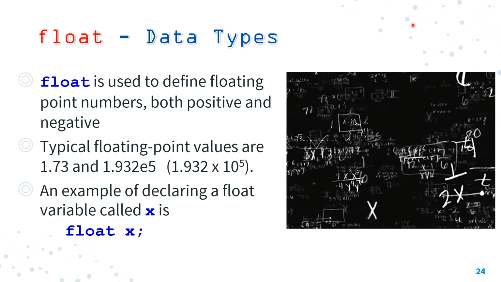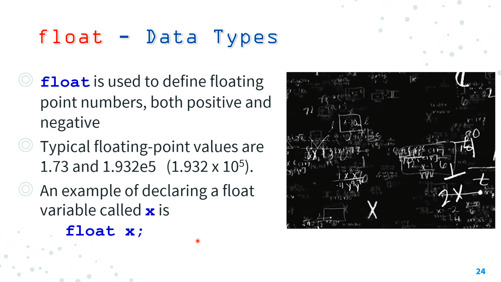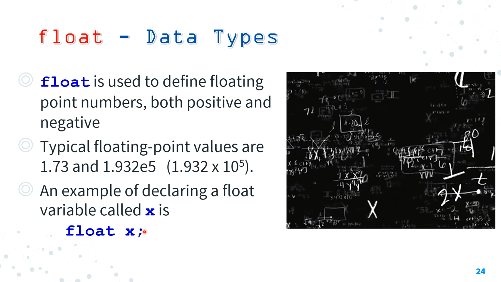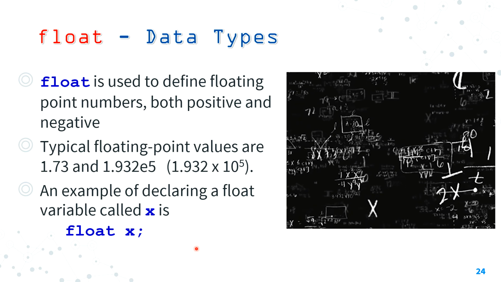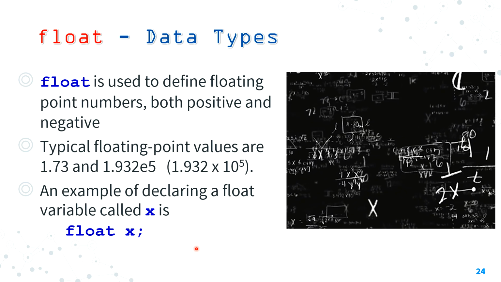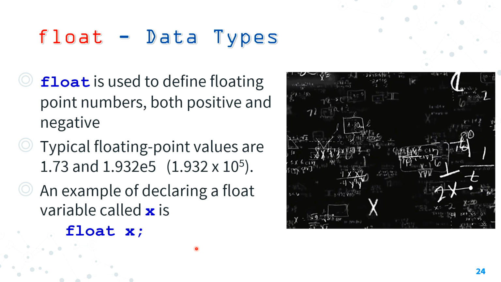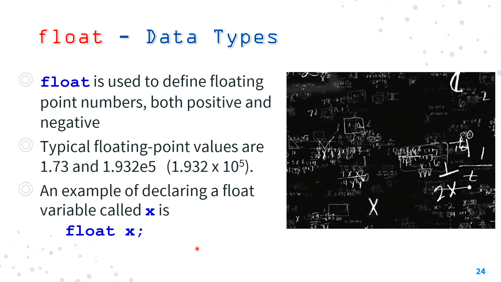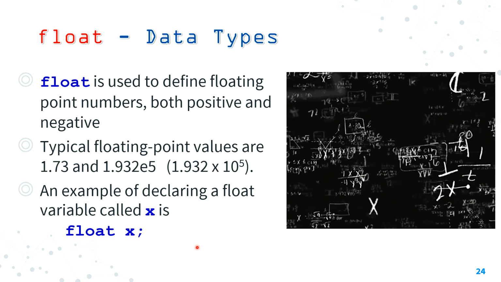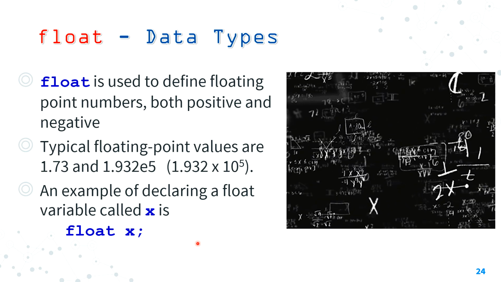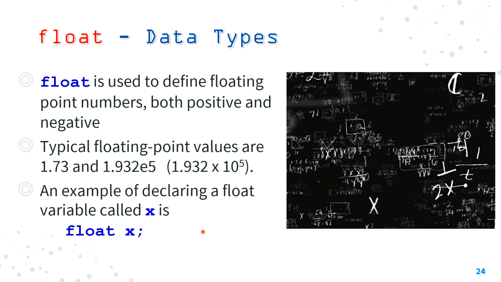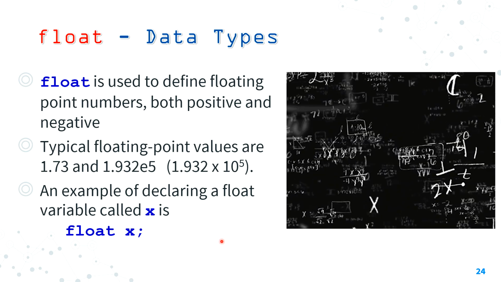This tells the compiler to reserve memory for a decimal number called x. We typically use float when dealing with values such as measurements, averages, temperatures, or any calculation that requires decimals. Later on, we will also see how float compares to double, which provides higher precision when more accurate decimal values are needed.